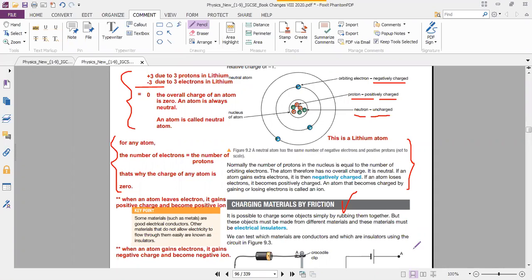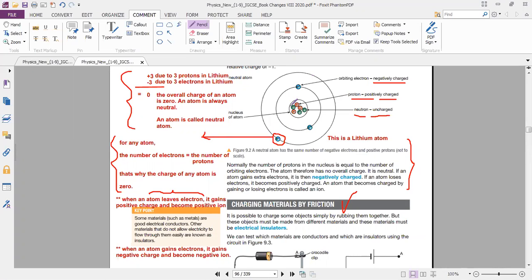Even if the object is an insulator, yes? When an atom leaves electrons, it gains positive charge. Is it the atom or the electron that leaves? The atom. When the atom leaves electrons, this electron goes somewhere.